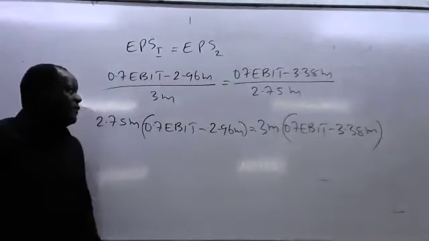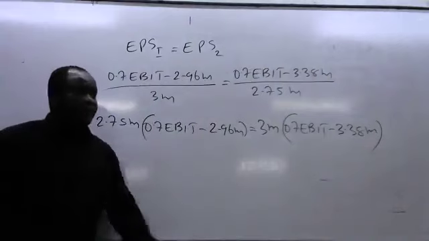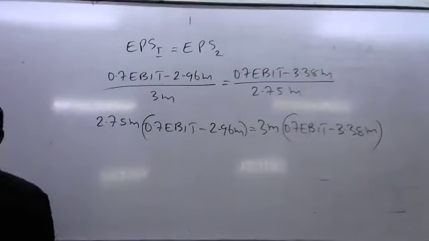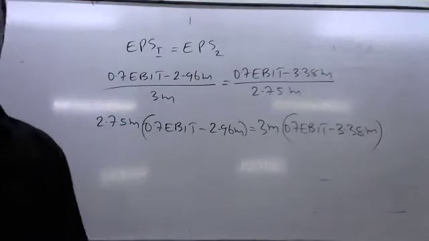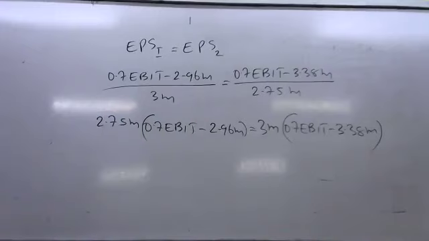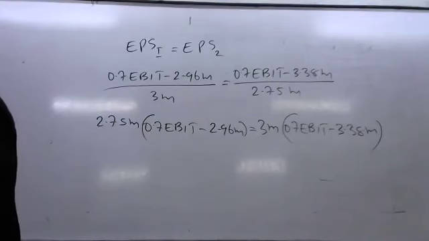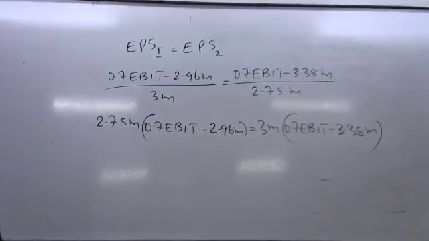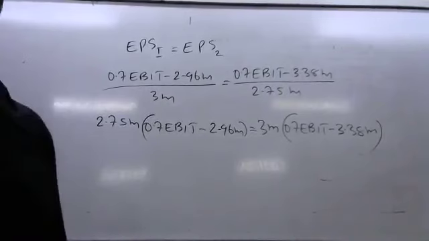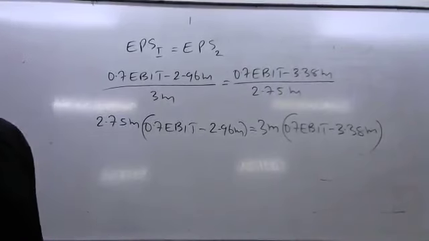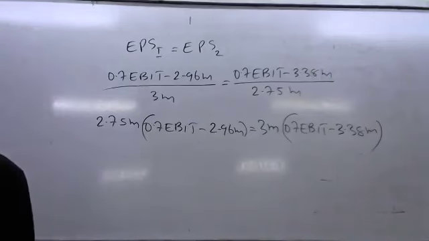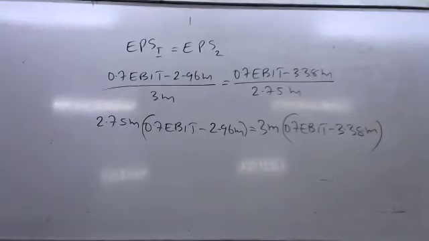So I want you to open the brackets, then collect the like terms, then make the earnings before interest and tax the subject. Let's see what value we are going to come up with.